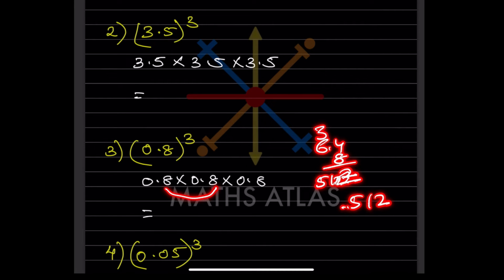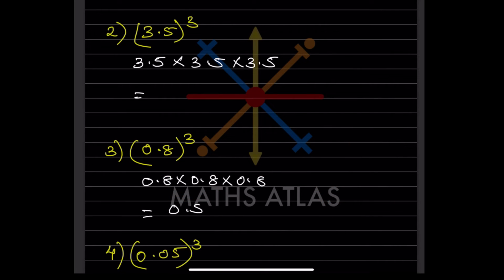After writing this 512, you will count the number of decimal places. This is a decimal, so you will go backwards 1, 2, and 3, and then you will put a decimal. So it will be 0.512. The answer is 0.512.